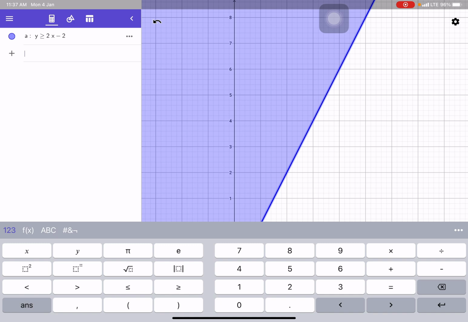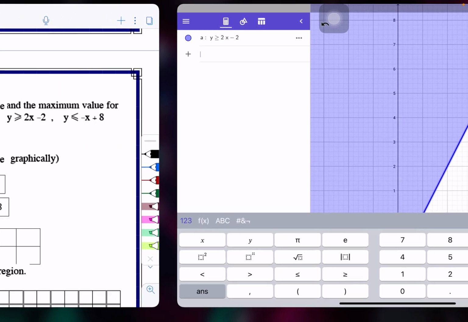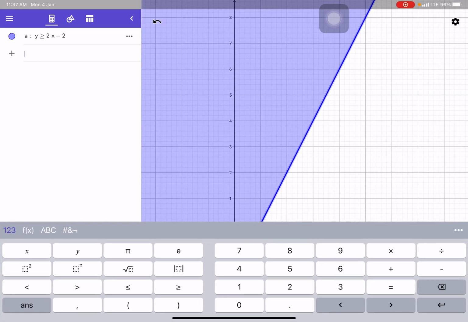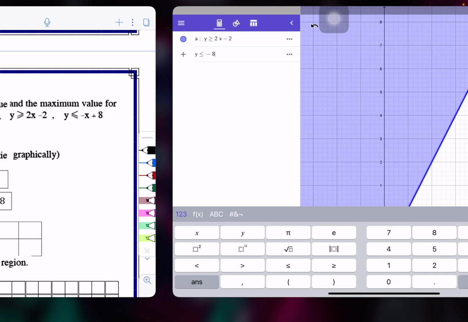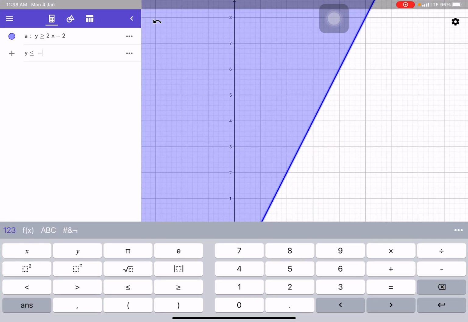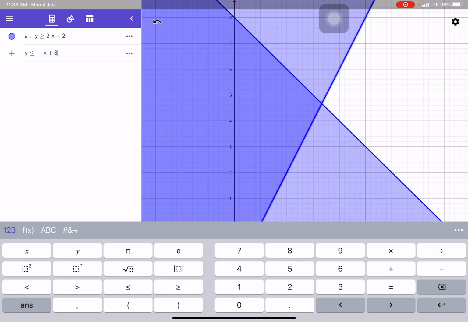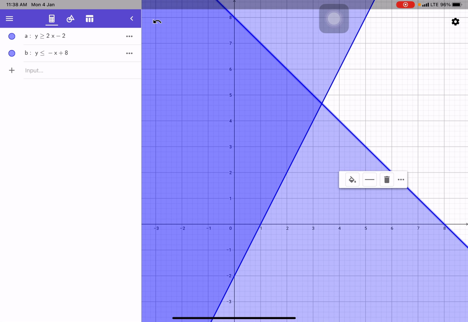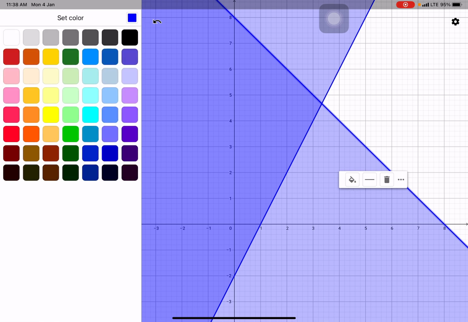Second, y less than or equal negative x plus 8. These are the two inequalities.